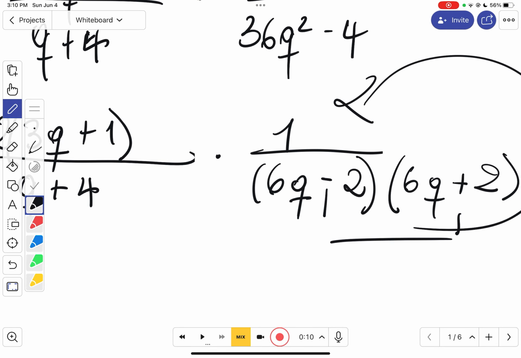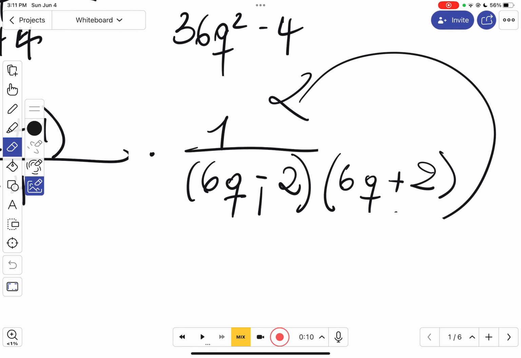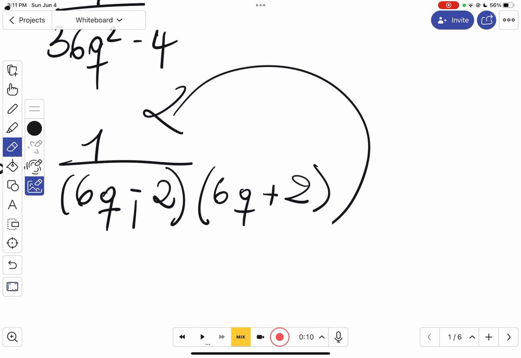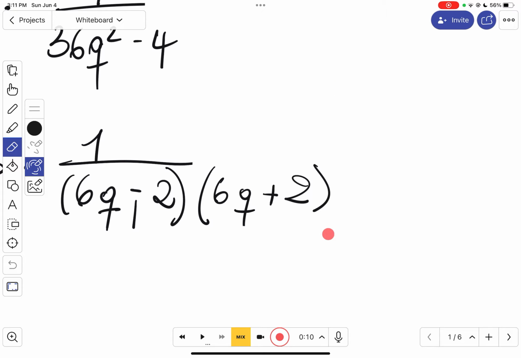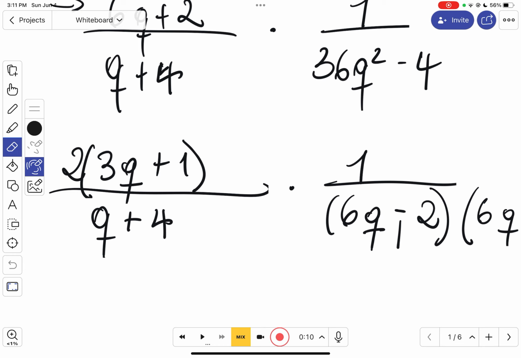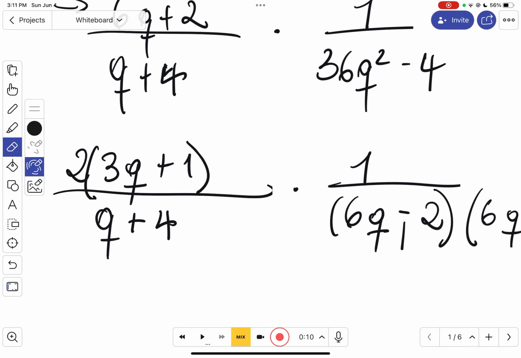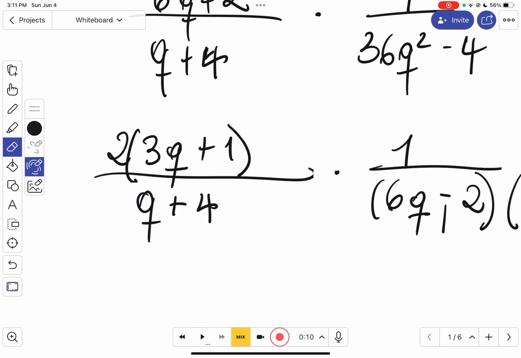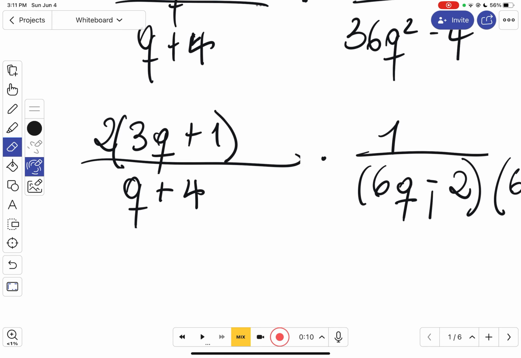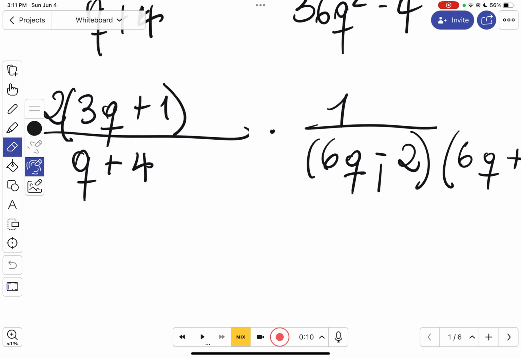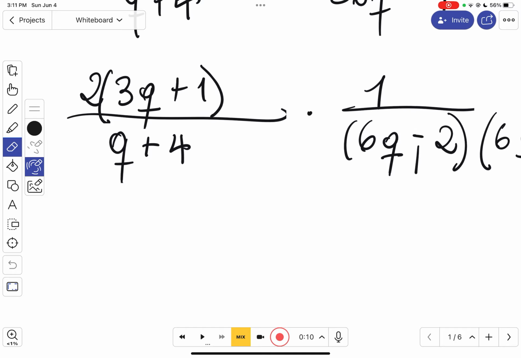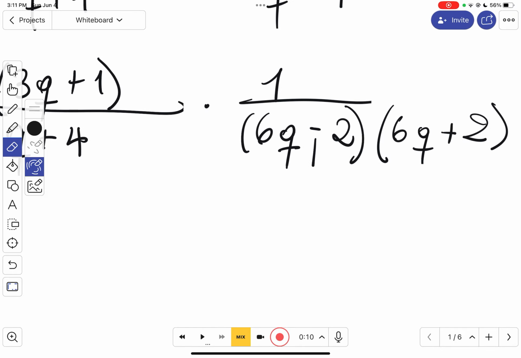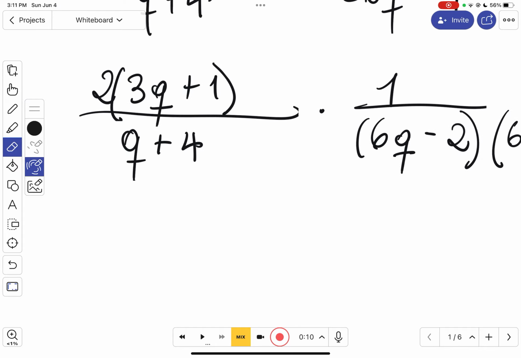When we take a look at the expression right now, we can start seeing terms that look alike. If you see terms that look alike, you just cancel them out, and whatever you end up with in the end is going to be your final answer. Right now we have 2 factor of 3q plus 1 over q plus 4 and 1 over 6q minus 2 and 6q plus 2.